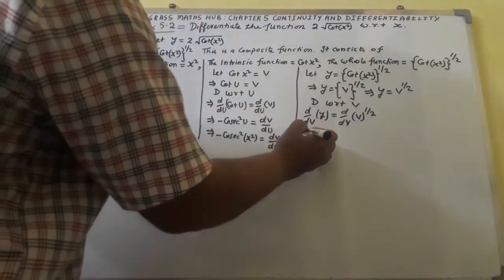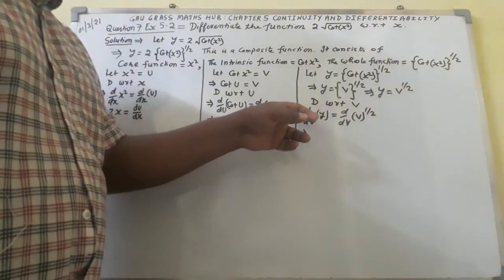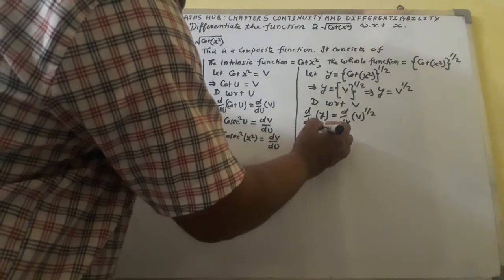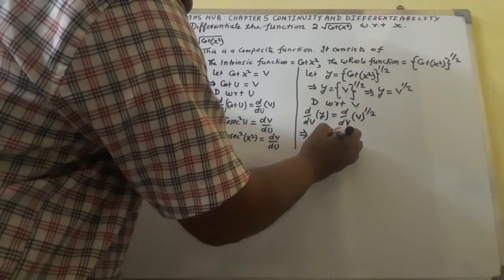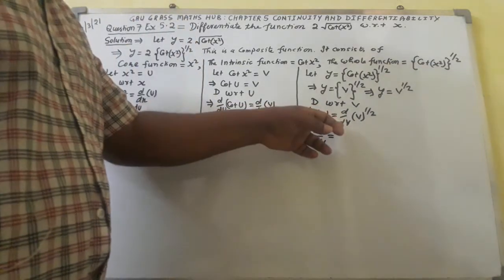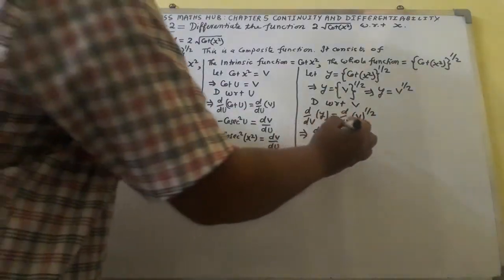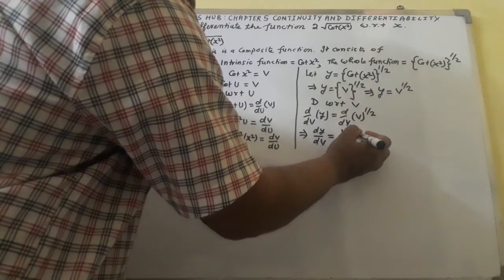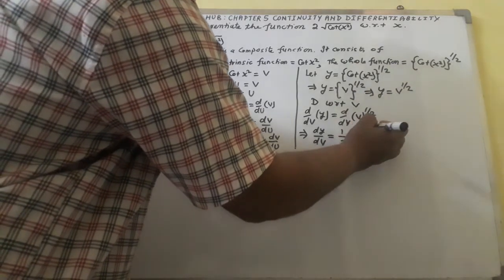It will become dy over dv equal to 1 over 2 v raised to power 1 over 2 minus 1.